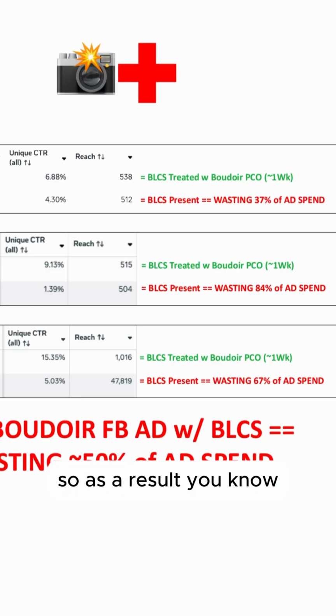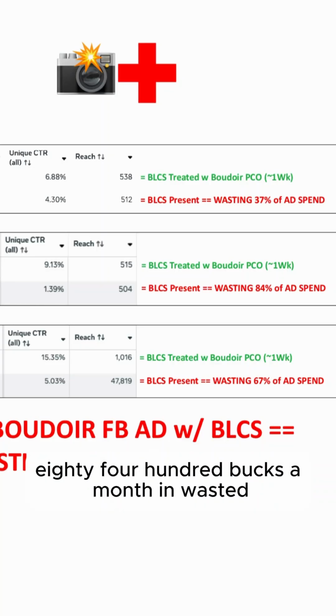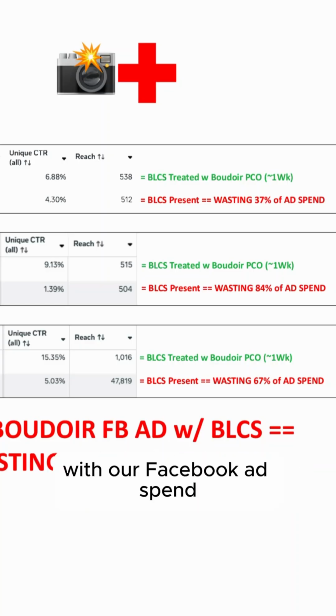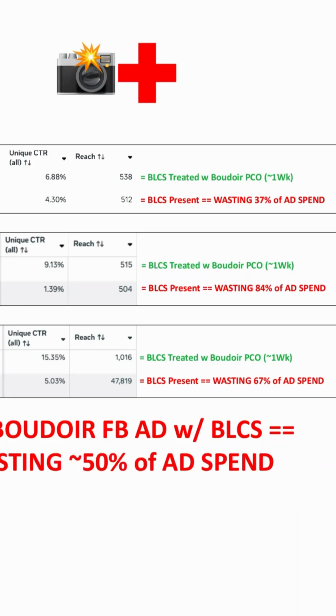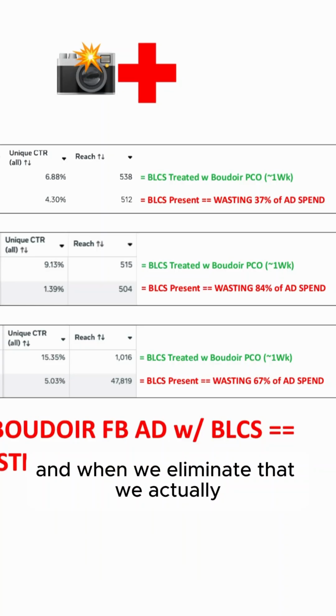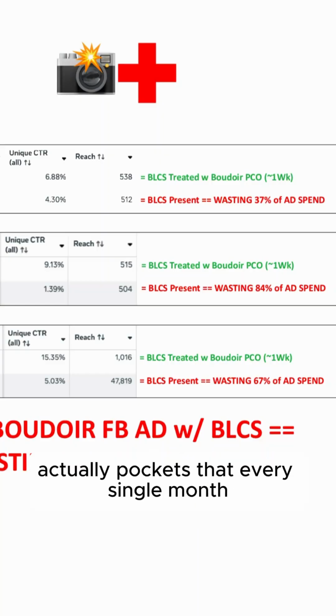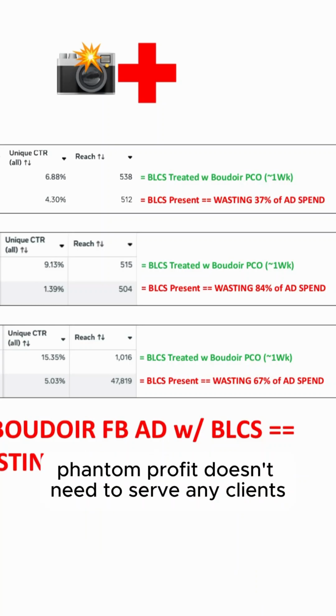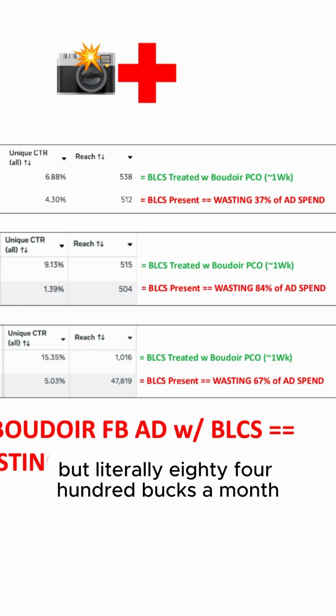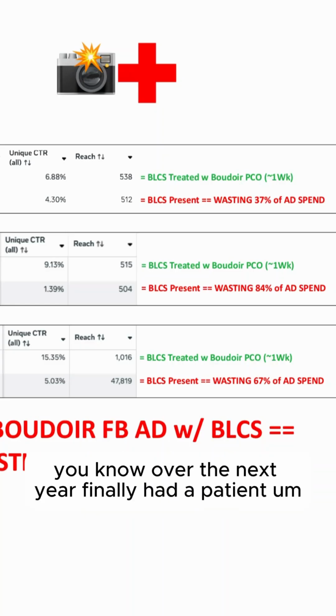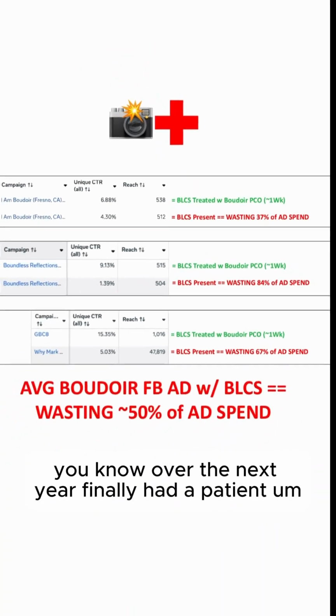So as a result, we're eliminating $8,400 a month in wasted Boudoir Facebook ad spend. And when we eliminate that, the business owner actually pockets that every single month, kind of like a phantom bonus, phantom profit. They don't need to serve any clients, but it's literally $8,400 a month. That's like 100 grand over the next year.